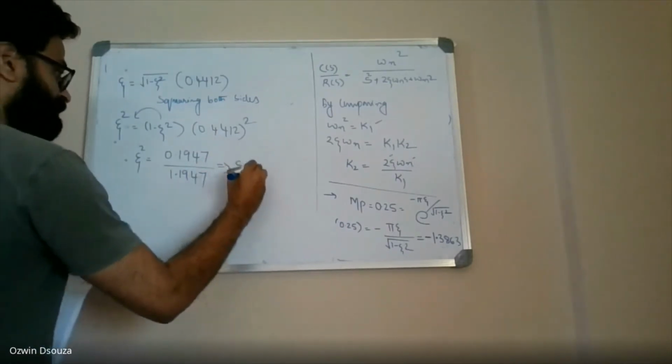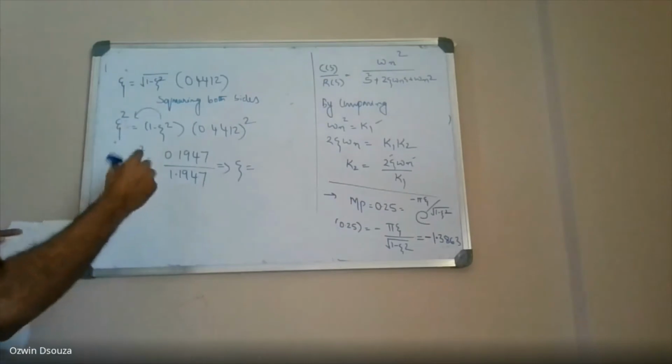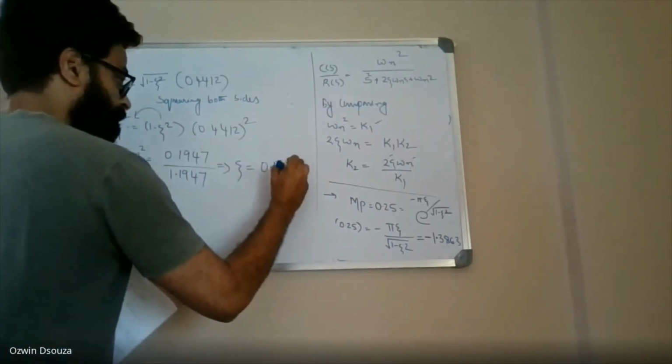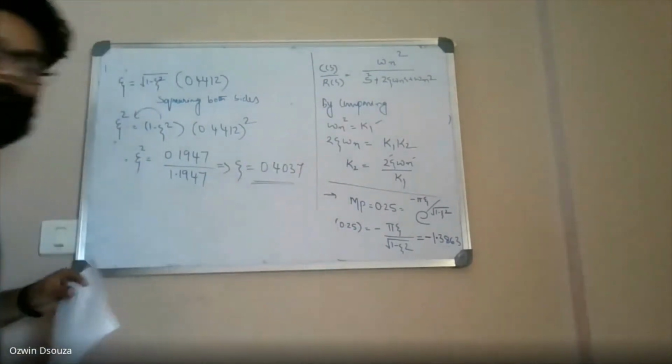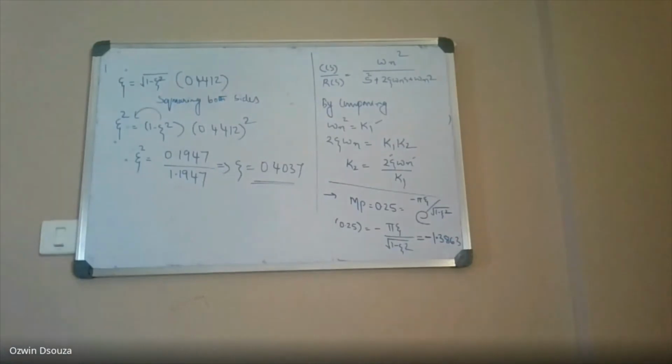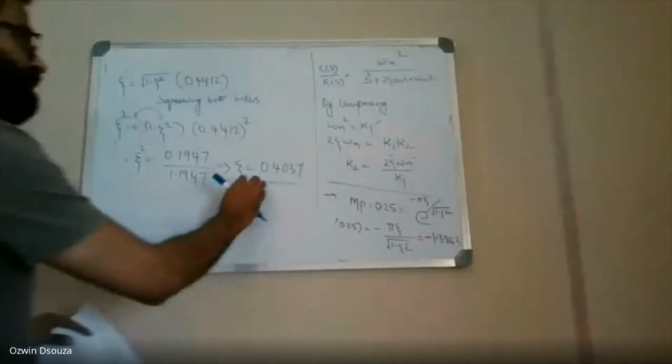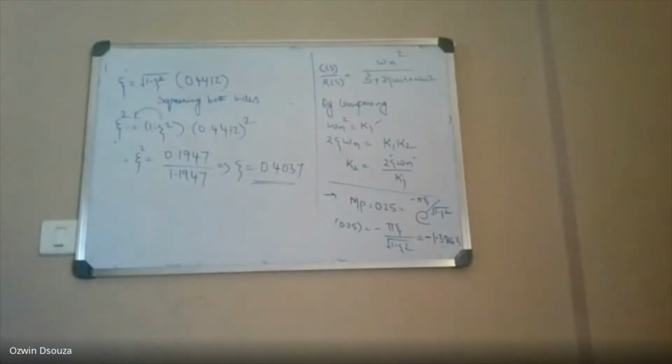That implies zeta is equal to the under root of this. This is the value you get: zeta is 0.4037.